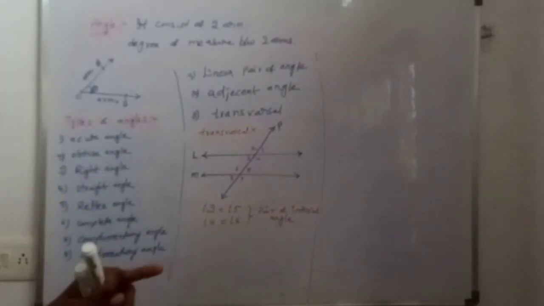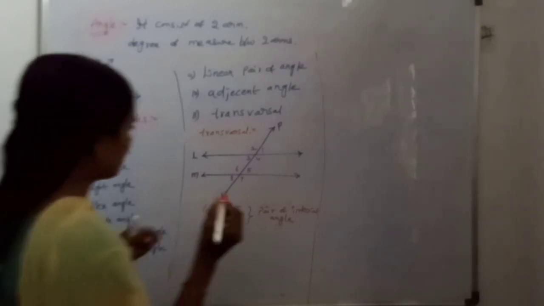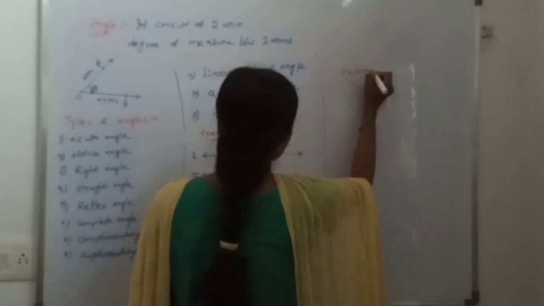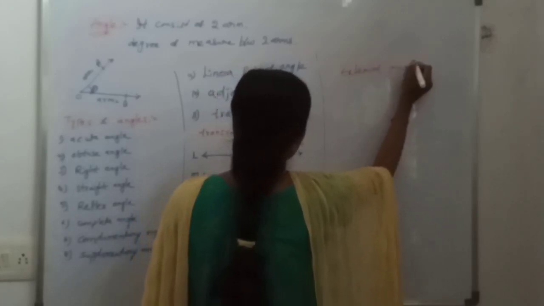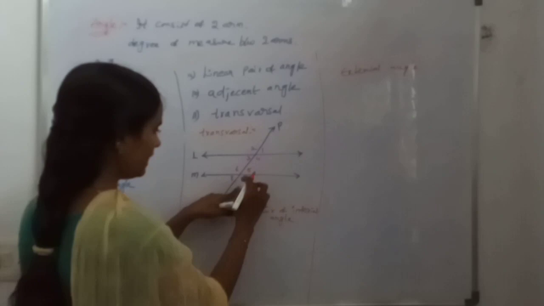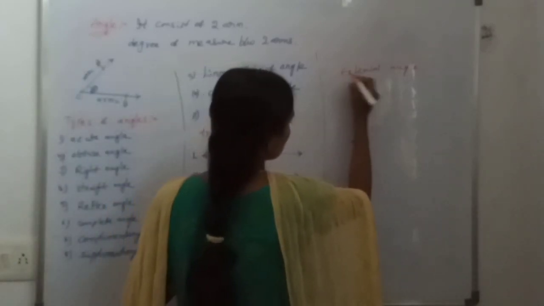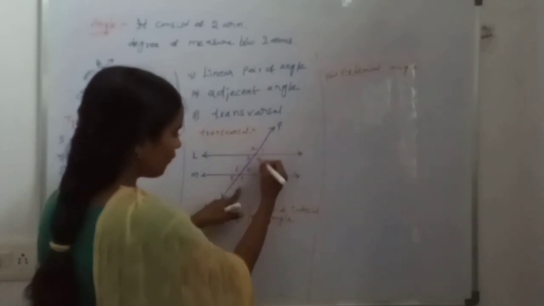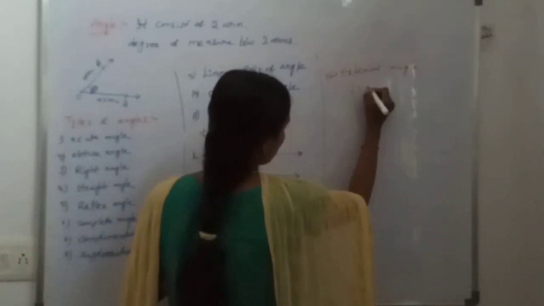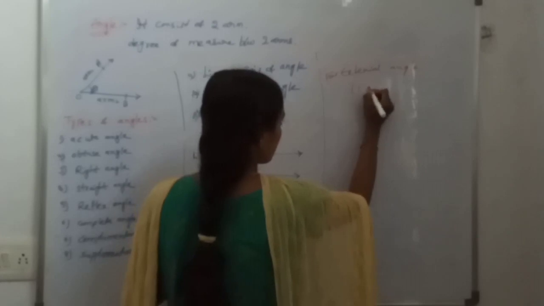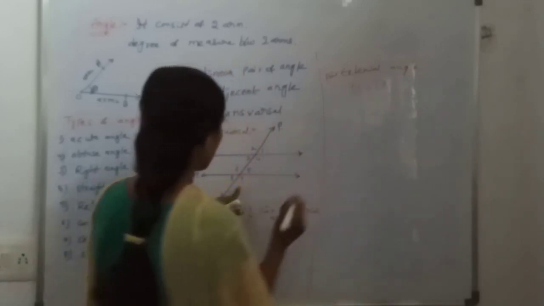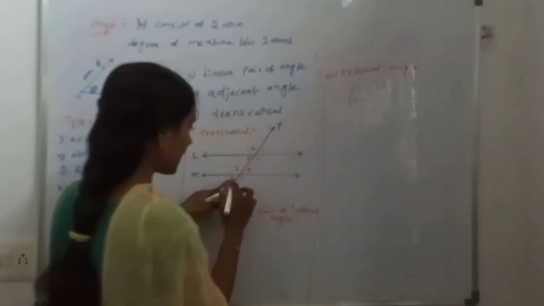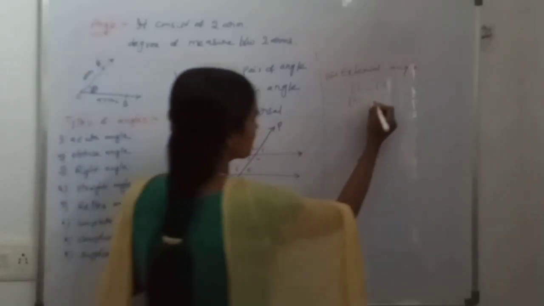Now let's see exterior angles. What are exterior angles? 1 and 7 are a pair of exterior angles. Angle 1 equals angle 7. Next, angle 2 equals angle 8.